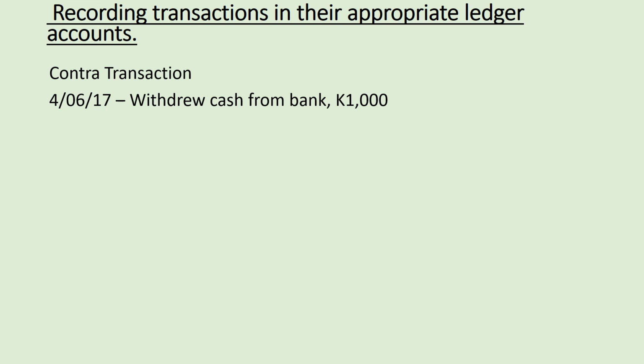That's a different scenario. In this case, cash was taken from the bank, meaning the bank account gave away money and the cash account received money. So the two accounts involved are the bank account and the cash account. This is a contra transaction because there's no other business that our business is dealing with in this transaction. It's just our business money moving from one account to another.